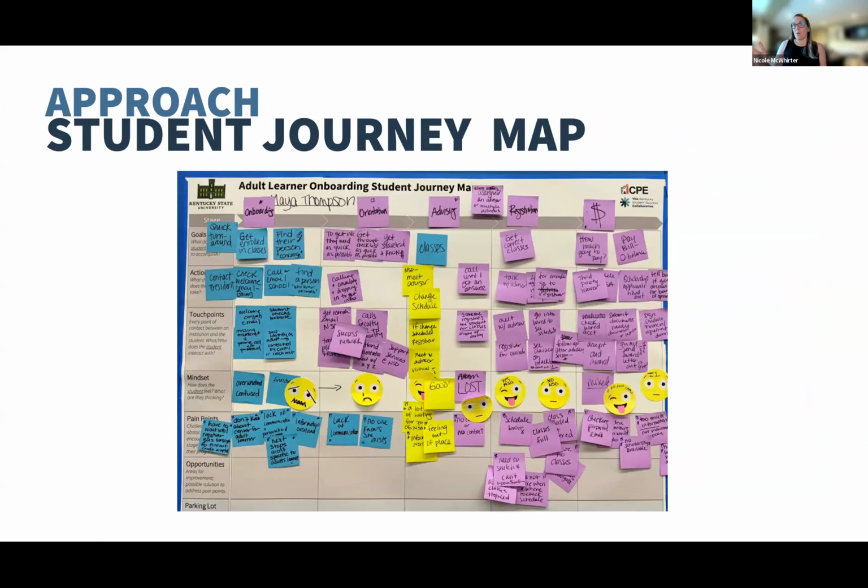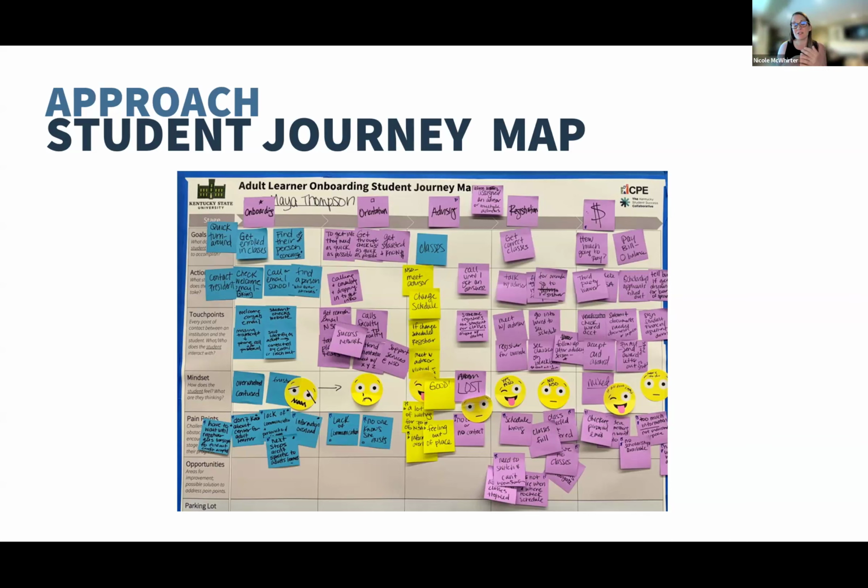So what does a student journey map even look like? This is the Kentucky State University journey map that was developed, and it's definitely lo-fi. Lily and Dallas were involved in one of our journey mappings, but it's literally a 3-foot by 4-foot poster on a wall and a lot of Post-it notes.